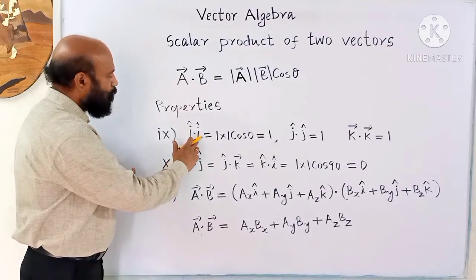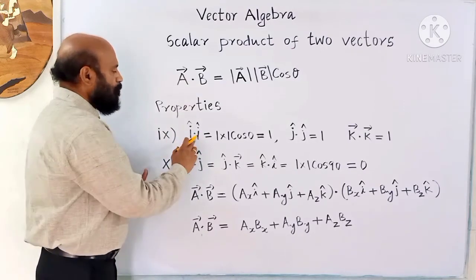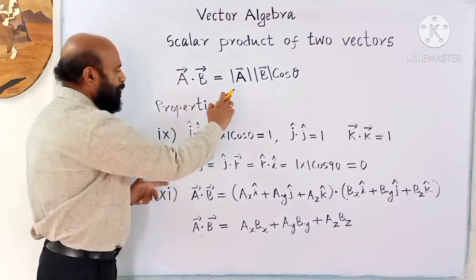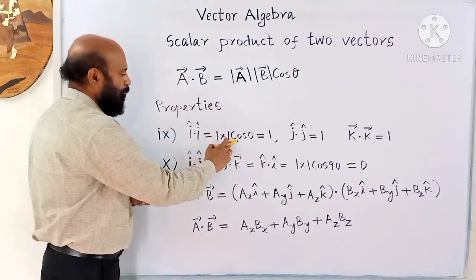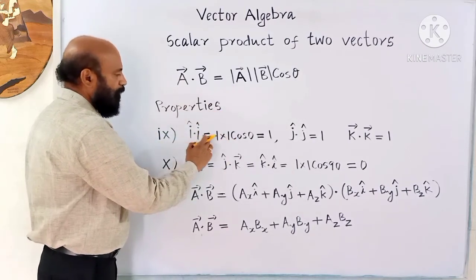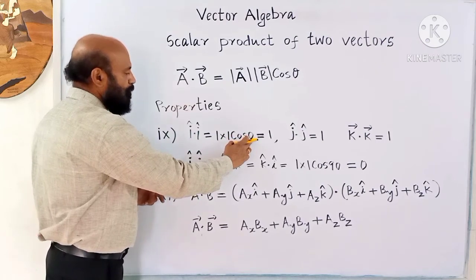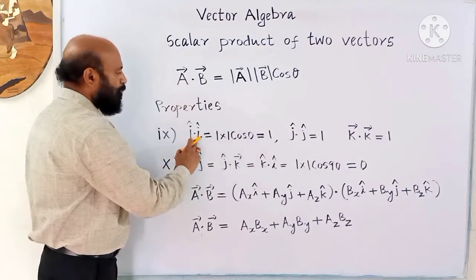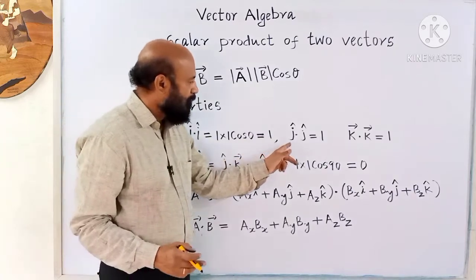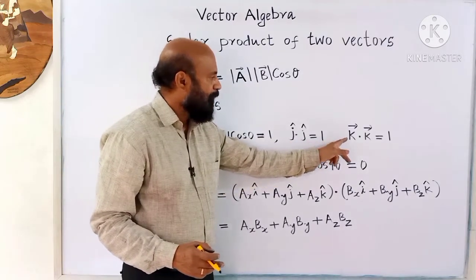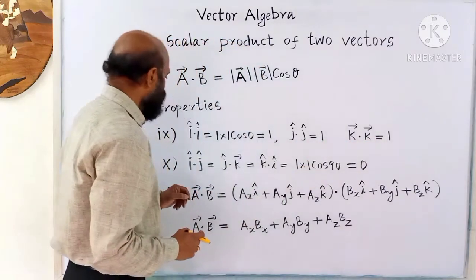Now i vector dot i vector. Since it's a unit vector, its magnitude is 1. So 1 into 1. i dot i, so the angle is 0. Cos 0 is 1. So i dot i is 1. Similarly, j dot j is also 1. k dot k is also 1.